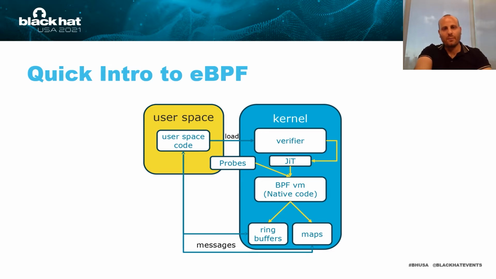When such an event happens, it triggers the BPF program, which can interact with the user space using ring buffers or maps. This effectively means that we can attach our own programs to points of interest in the system, and these programs will be triggered in an event-driven fashion.